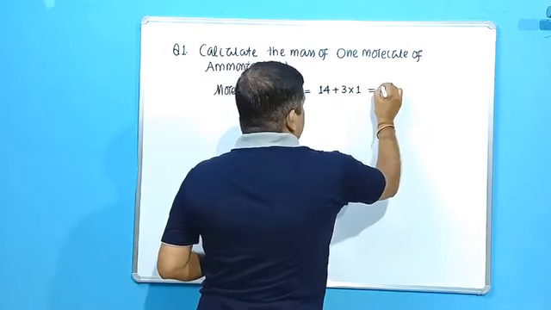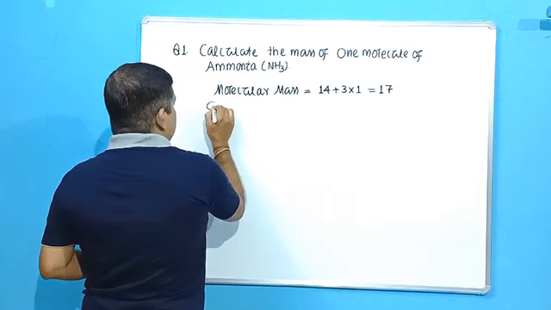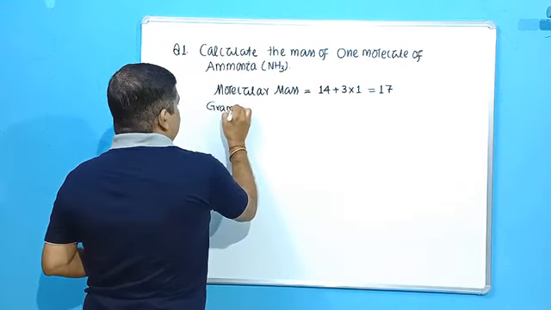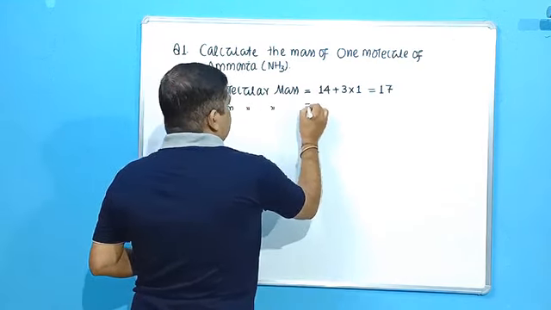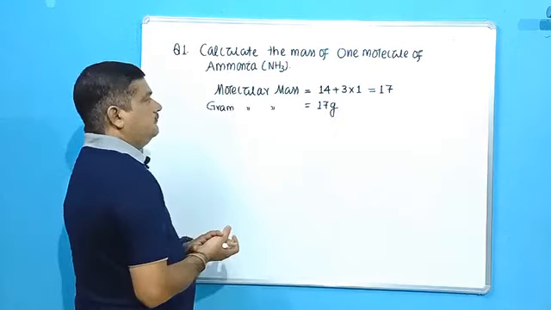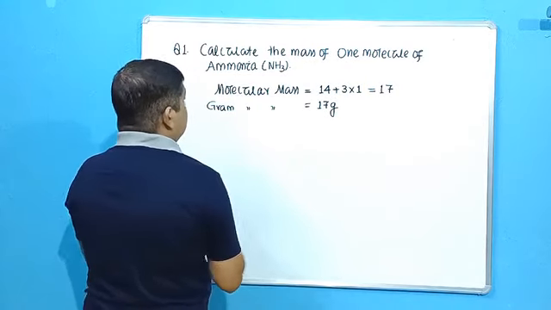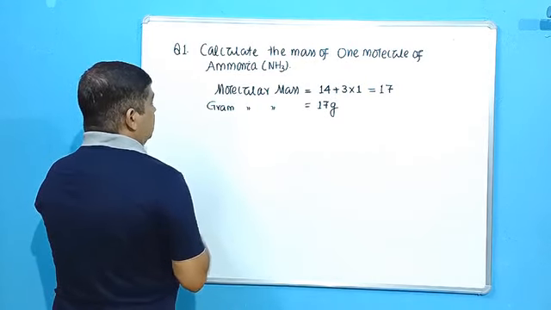So 17. Okay. So what is the gram molecular mass of ammonia? 17 gram. Okay. So here we have to calculate the mass of one molecule of ammonia.